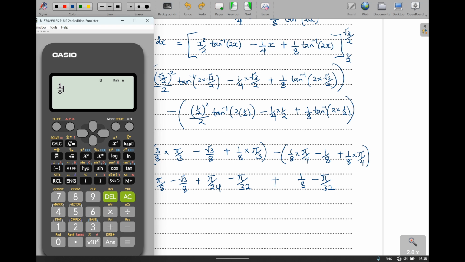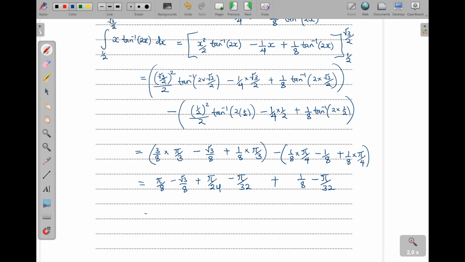Then plus 1 over 24. Then we also have 1 over 32. There is also minus 1 over 32. So that is 5 over 48. So I'll write this as 5 over 48 of pi.